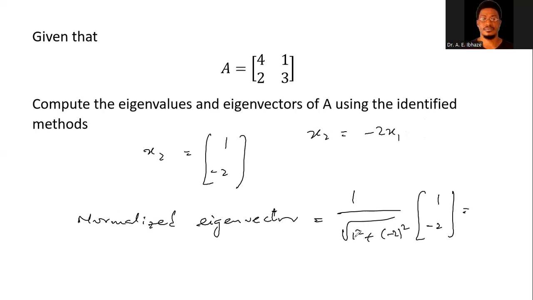So this is 1 plus 4, that's 5. So that'll be 1 over square root of 5, times 1, minus 2. So this will give us 1 over square root of 5, then minus 2 over square root of 5 as the normalized eigenvector.